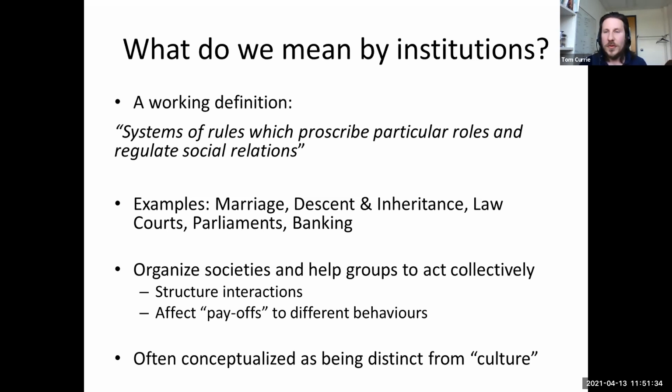We have rules and institutions that set the scene for how those things work. So institutions basically organize societies, and they help groups act collectively. And they do this by structuring interactions and affecting payoffs to different behaviors.